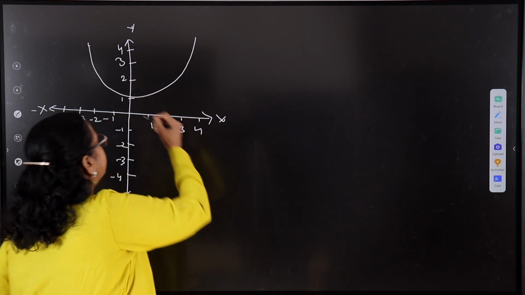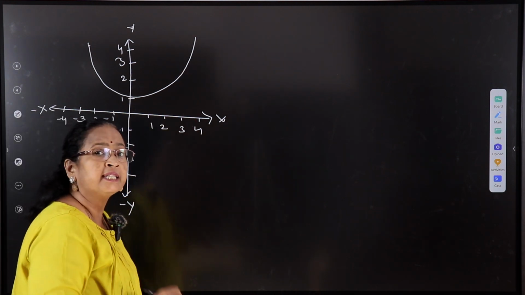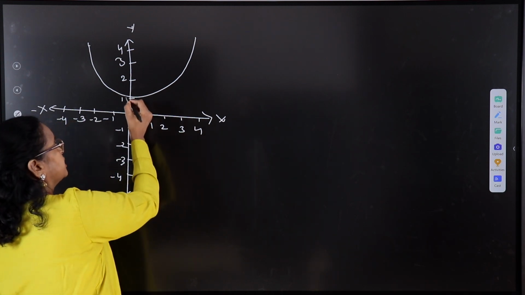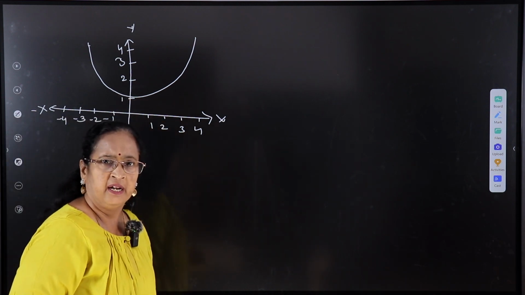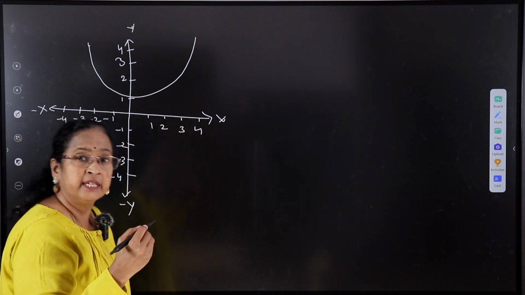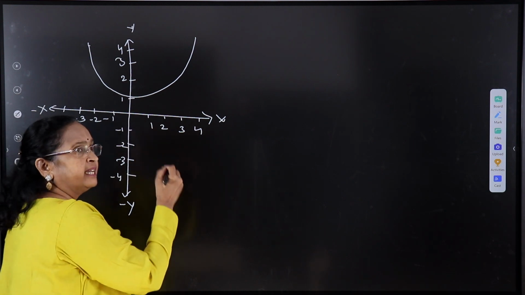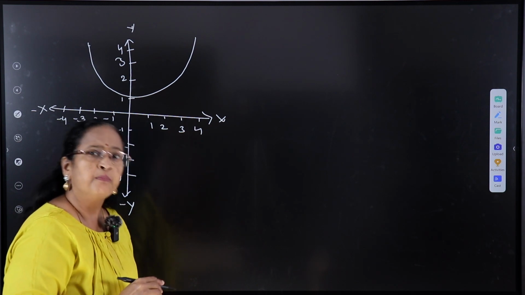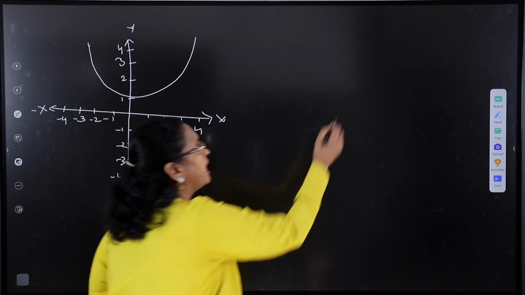Now, if the graph is in the shape of a parabola which is not touching the x-axis at all, it is only on the y-axis till the point 1, then this particular graph has no zeros of the polynomial because it is not touching the x-axis at all.